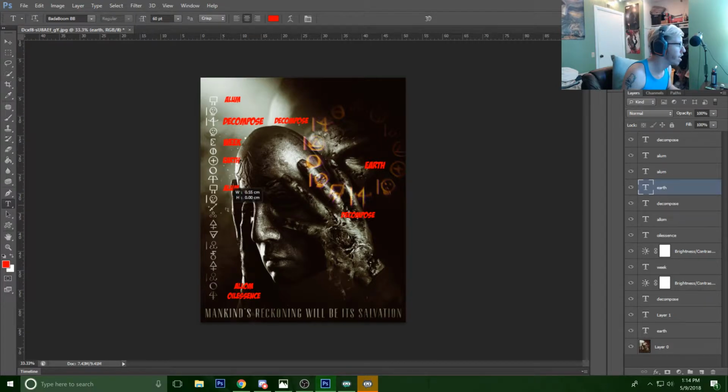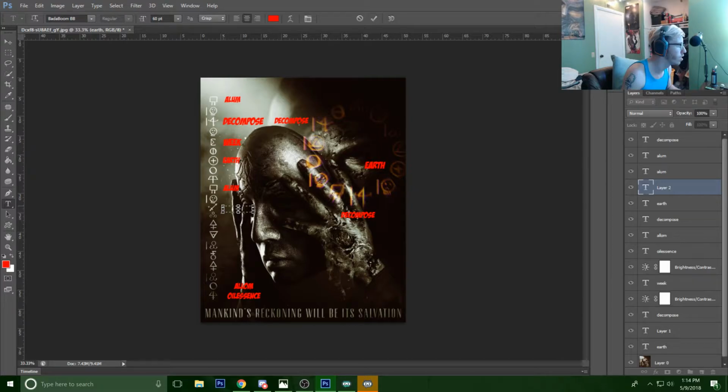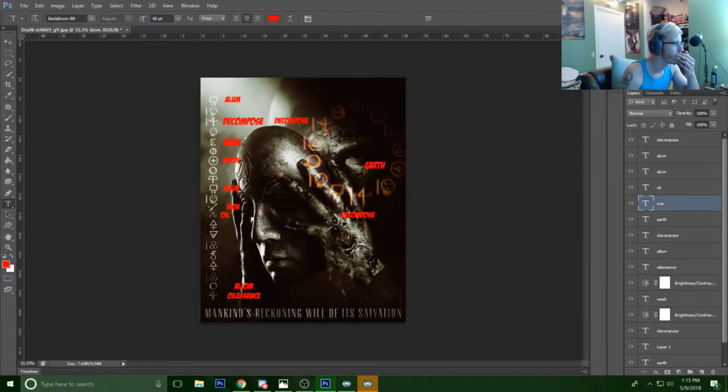This one is iron, I believe. Let me look at this again. Iron is there. Then the next one is oil, right there. What I meant to do is drag it over.